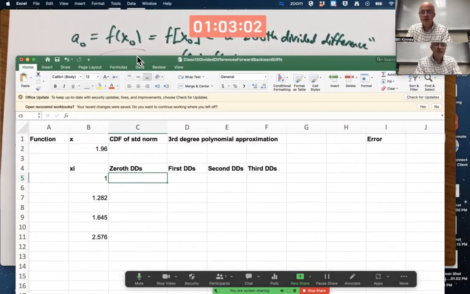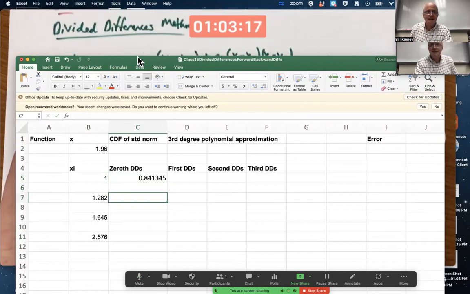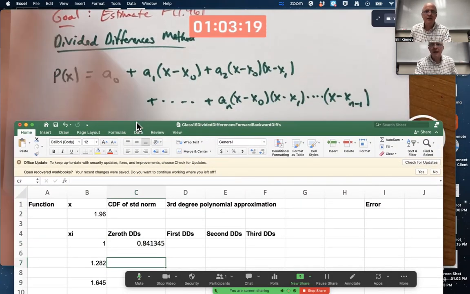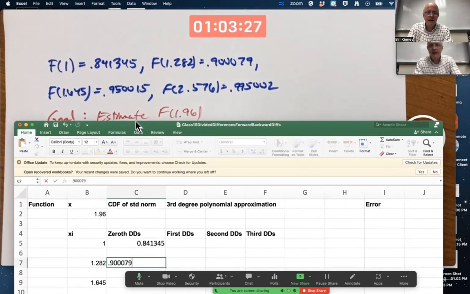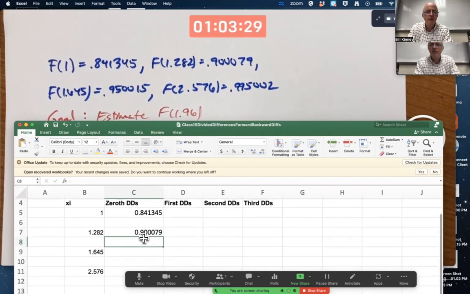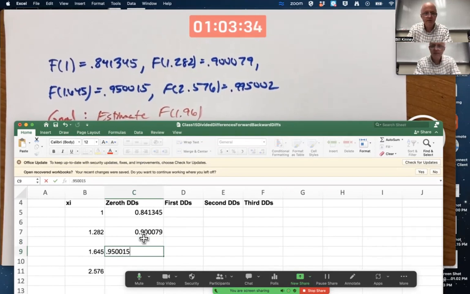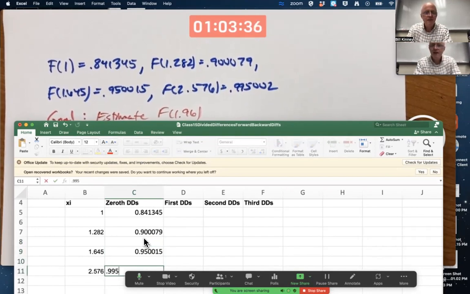So again, just like with Neville's method, the 0th column you might say is the easiest to compute. It's just the data values. 0.841345. I'm just looking at these data values that I wrote down by hand up here. 0.900079. 0.95000015. 0.995002.